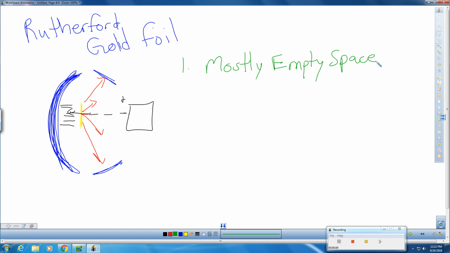Again, because most of them pass through, there's a lot of space in between there. Number two, there had to be some sort of dense, positive part that the particles were bouncing off of.